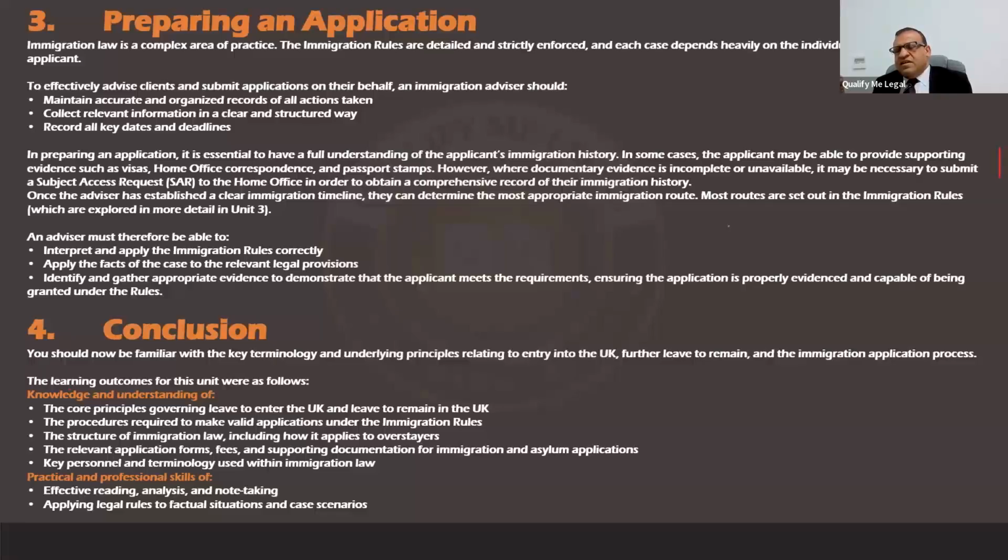Always make a list of documents according to the circumstances of the individual. Thereafter, you can make a valid application. Because the Home Office has given a list of documents, and according to my point of view, that list does not cover the whole circumstances of the individual.